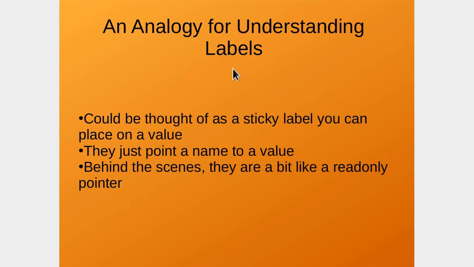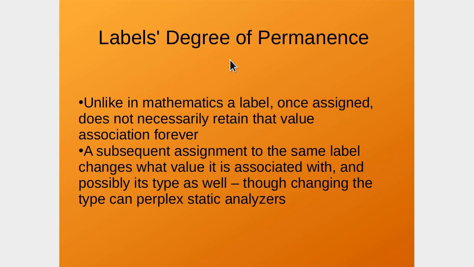One good way to think of a label is as a sticky label you can put on a value. They just point a name at a value, and behind the scenes they're a bit like a read-only pointer. Unlike in mathematics, but like most programming languages, a label, once assigned, does not necessarily retain that value association forever.